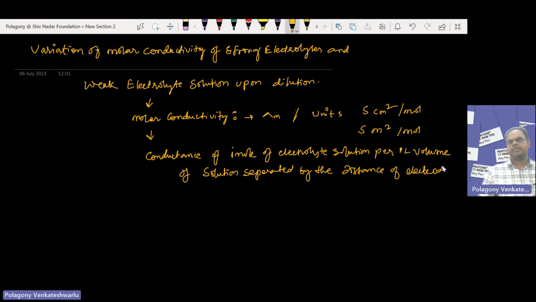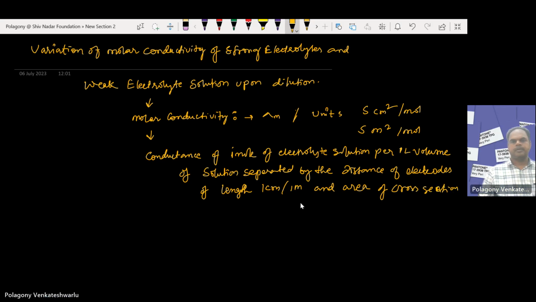Which electrodes? Platinum electrodes of length 1 centimeter or 1 meter, and area of cross section A, which can be said meter square.